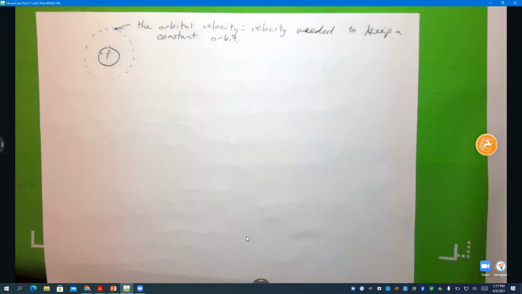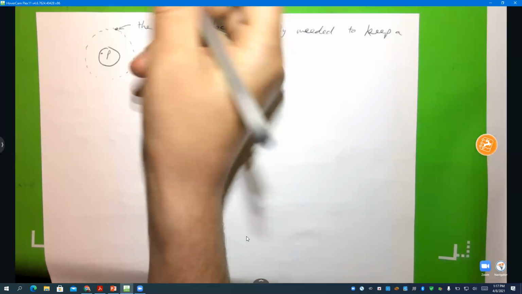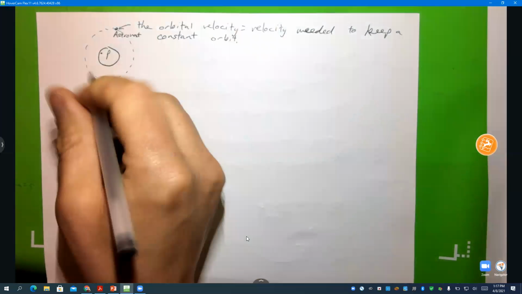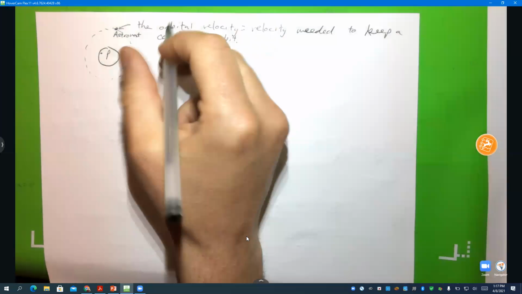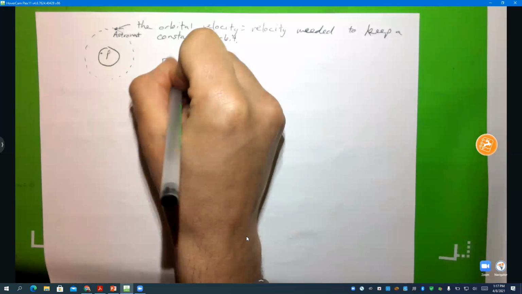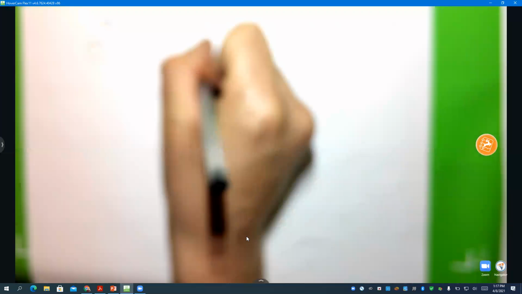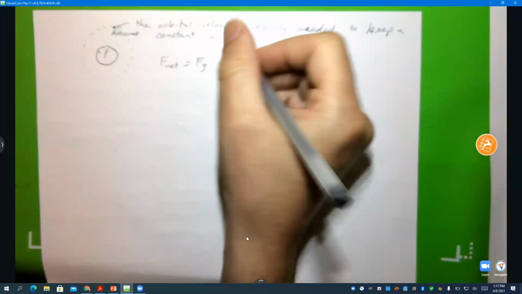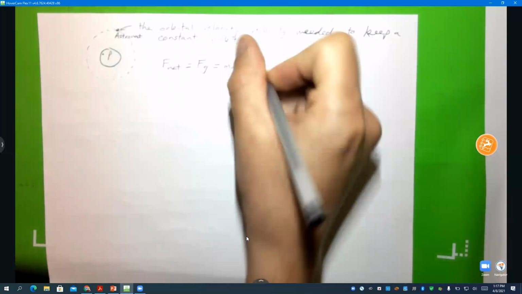So to do that, we need to recognize that if we have some object out here, again, we'll call it an astronaut this time, around a planet, and they're in orbit, then the net force on this astronaut, if they're out in space, is just going to be equal to Fg, right? So because it's equal to Fg, and it is a net force, it is equal to ma.